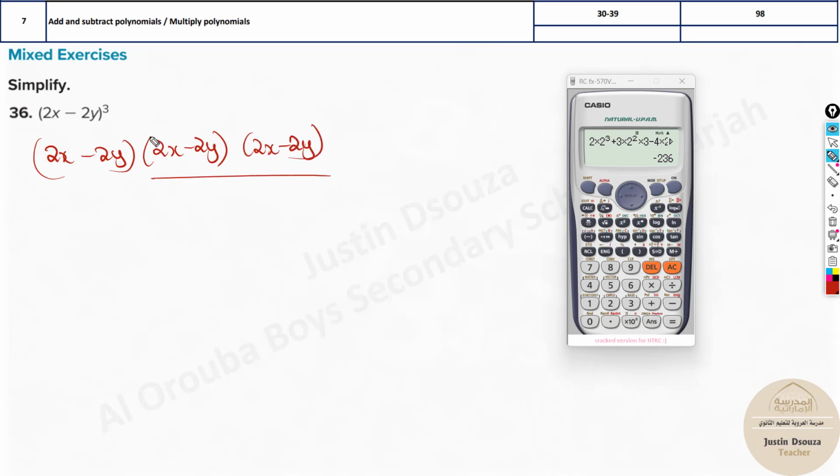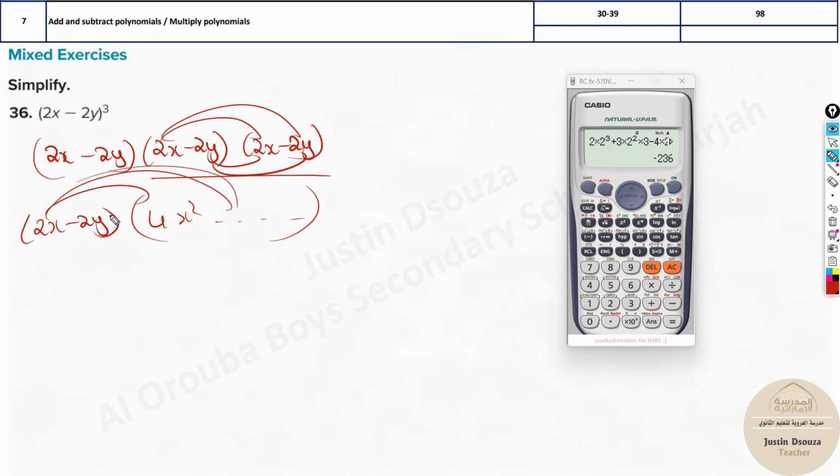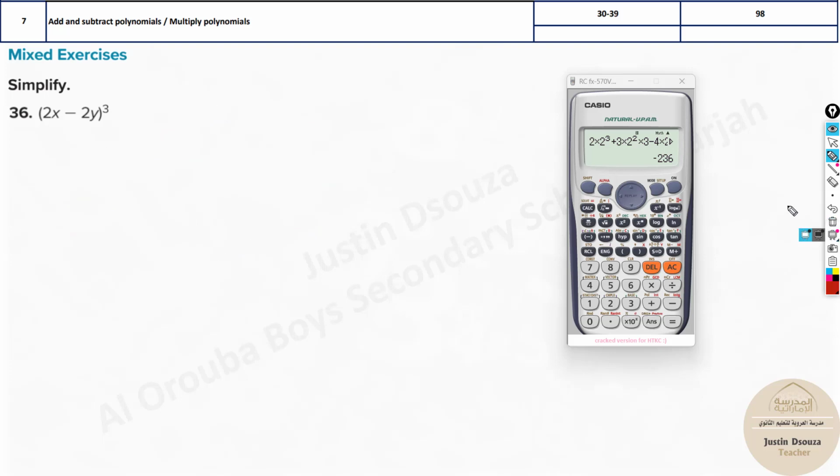Now first solve any two, and then you will get an answer. It'll be something like 4x square and so on. That is multiplied then again with 2x minus 2y, like this, the distributive property, and you will get the answer. That's fine. But have you ever thought about the identity, which is a minus b the whole cube?